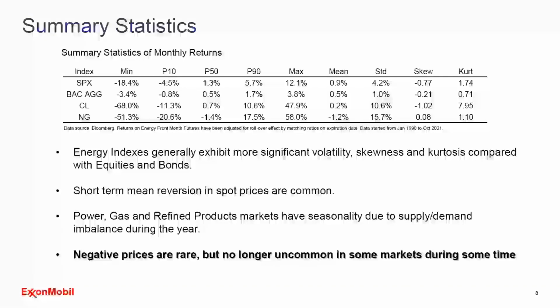But for crude oil and natural gas, it could be anywhere; you cannot assume a positive or negative return. In general, power markets and the natural gas market are right-skewed, and the crude oil market is left-skewed, with a very strong kurtosis compared to equities or fixed income.